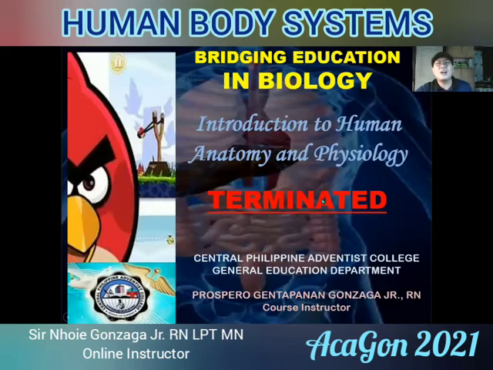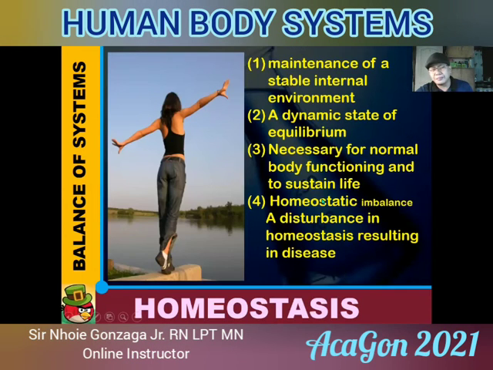Now, to give you an example of what is homeostasis. Example, you have a wound in your hand. That wound is oozing with blood. If you let that wound in your hand stay down there and blood keeps oozing out, there will be a homeostatic imbalance, because blood will go out and some parts of your body will no longer be sustained with blood.